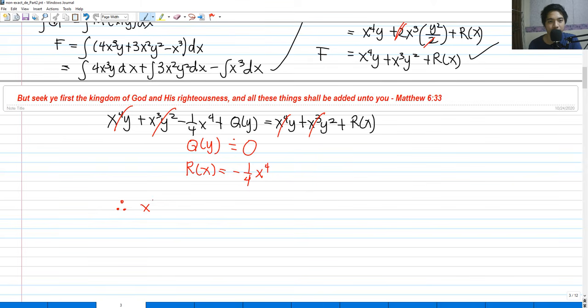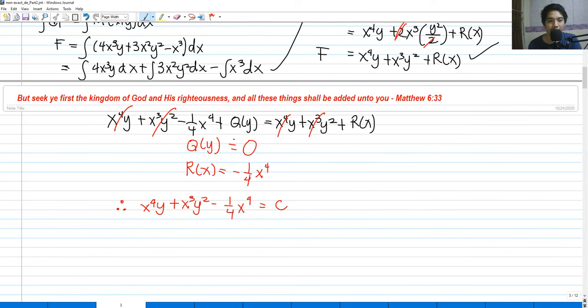So the answer would be x raised to 4 y plus x cubed y squared minus 1 all over 4 x raised to 4. I've used this first f. Plus 0, I would not write that, 0 because of q of y. And the right side would be equal to the value of c.